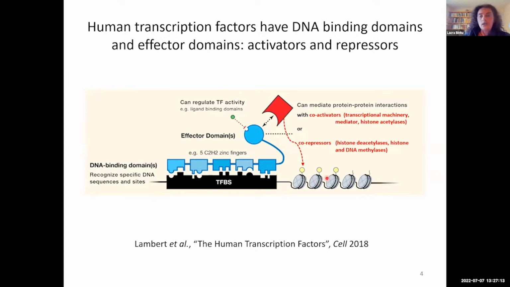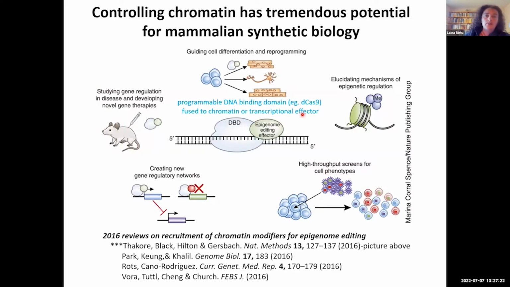And because they're generally modular like this, it actually gives us a great opportunity to reprogram them and control gene expression. So actually in the last 10 years or so, there's been a lot of excitement about controlling chromatin, because we think it has a tremendous potential for how we do mammalian synthetic biology and health applications.